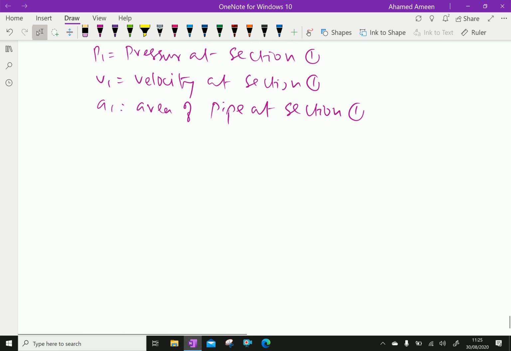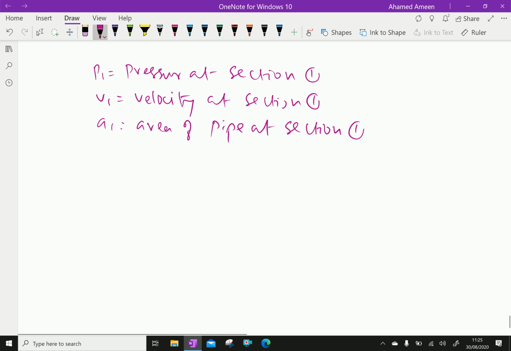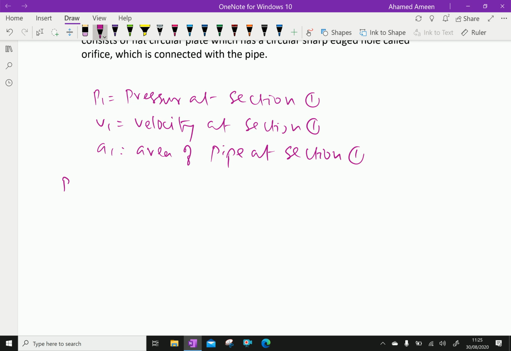Same here, P2, V2, A2 are at section 2. That means pressure at section 2, velocity at section 2, area at section 2.